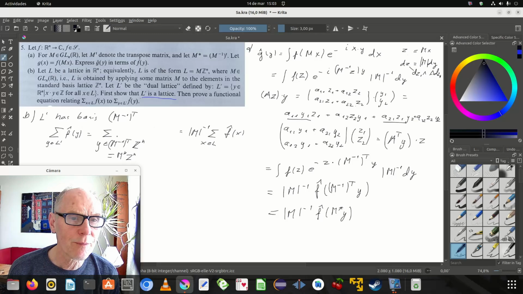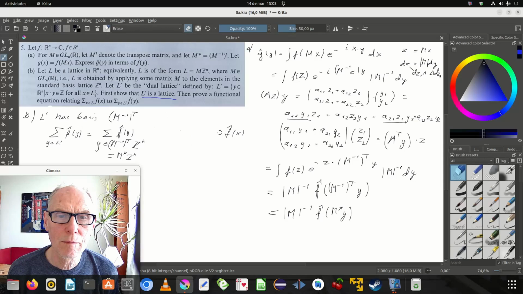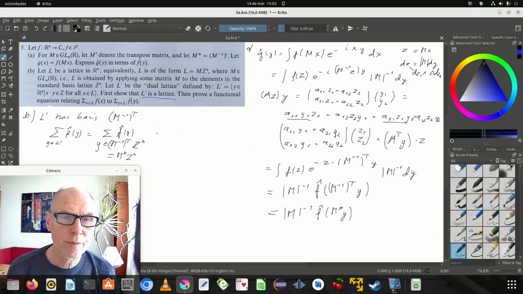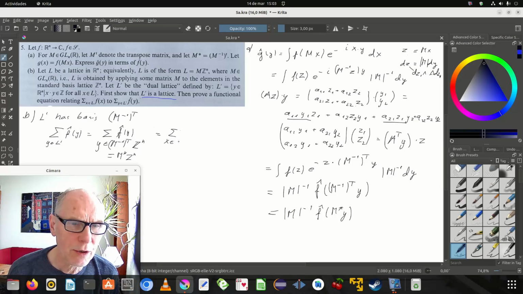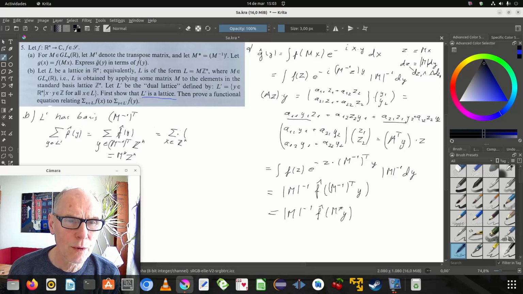This is simply f hat of y, and then we can sum over x element in integers. Then y is m star times x.